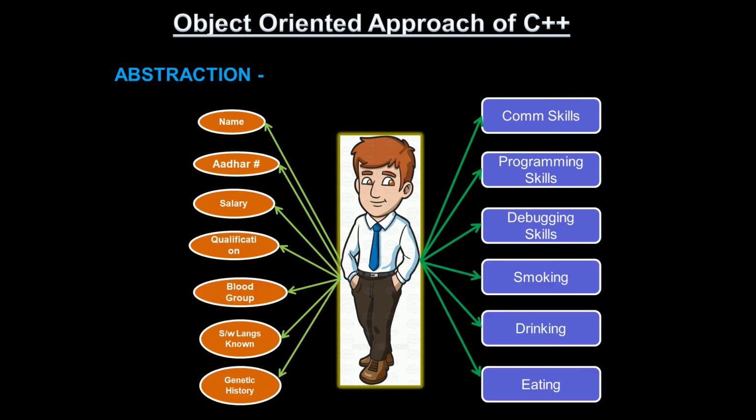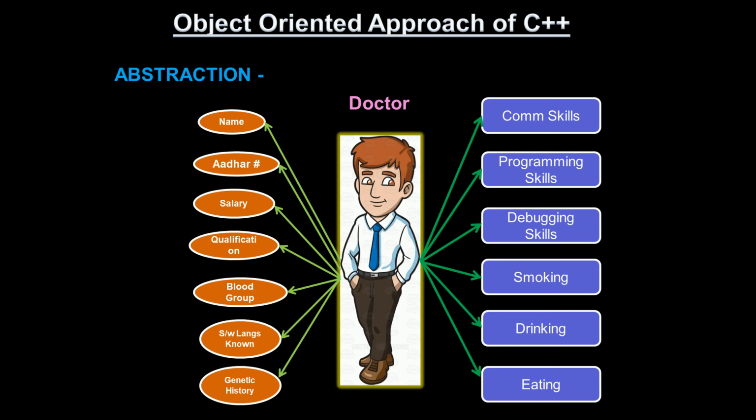And assume the same person is going to a hospital and meeting a doctor. Now from the doctor's point of view, what is required? His name is required, Aadhaar number is required. Aadhaar number is compulsory everywhere, right?